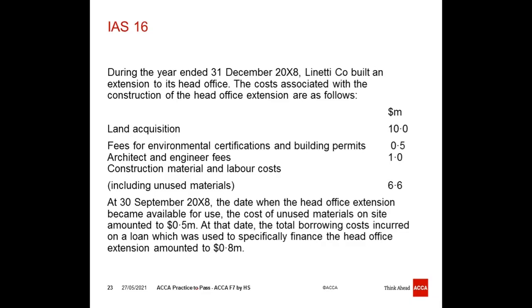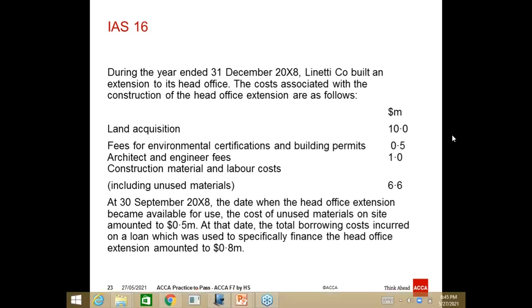At that date, the total borrowing cost incurred on the loan which is used to specifically finance the head office extension is 0.8 million. So you need to calculate the cost of the head office. IL means impairment loss.